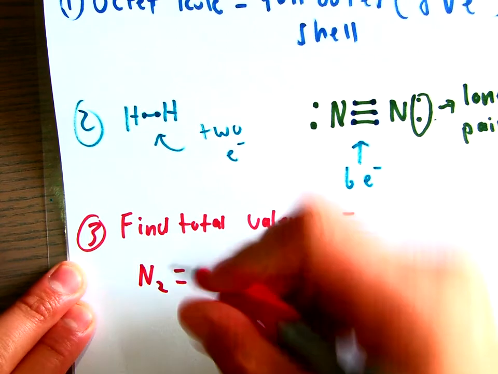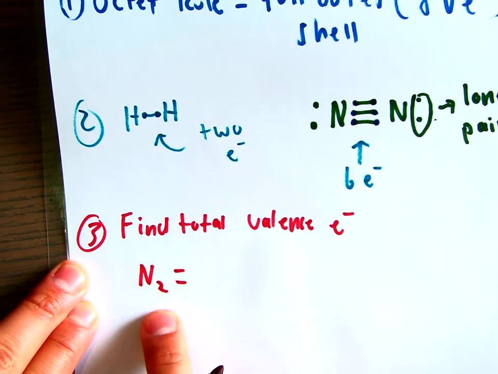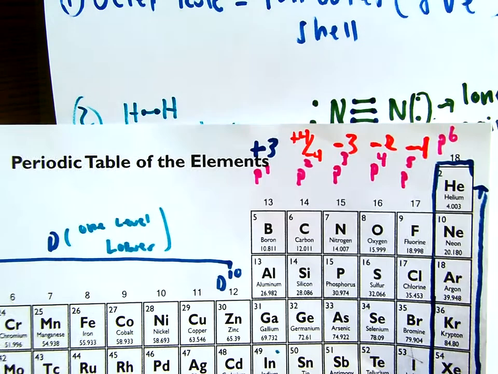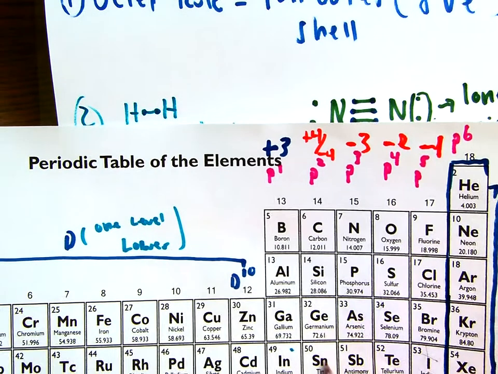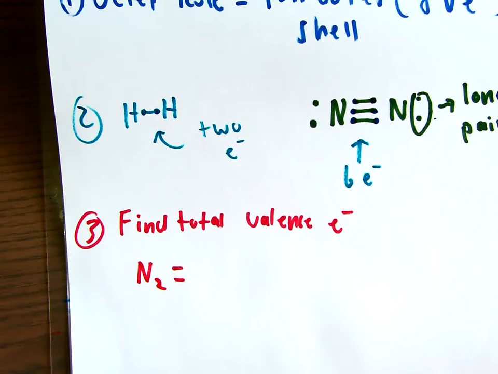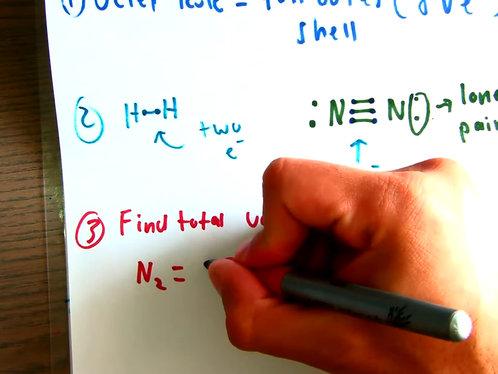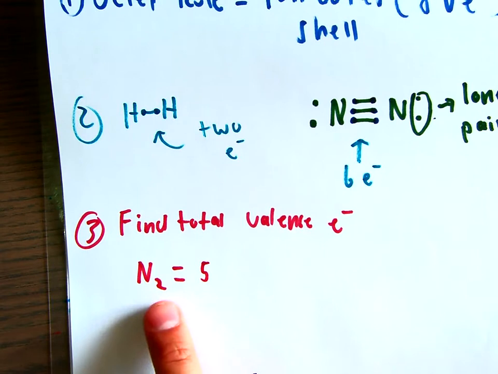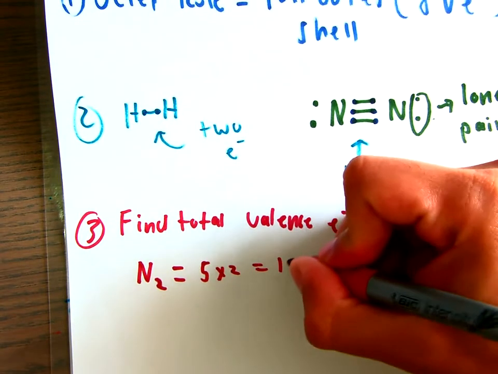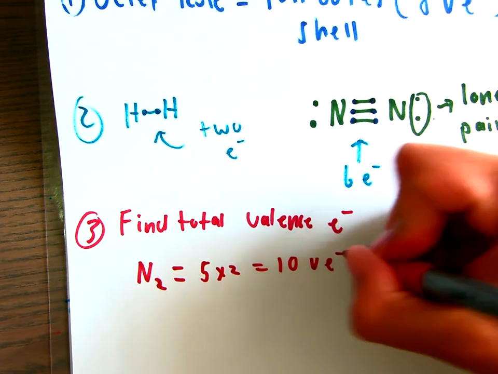If I wanted to figure out how many valence electrons are in this compound, first we have to look at nitrogen. Nitrogen has 1, 2, 3, 4, 5 valence electrons, so nitrogen has 5 valence electrons, but we have 2 nitrogens, so we multiply that times 2. This gives us a total of 10 valence electrons.